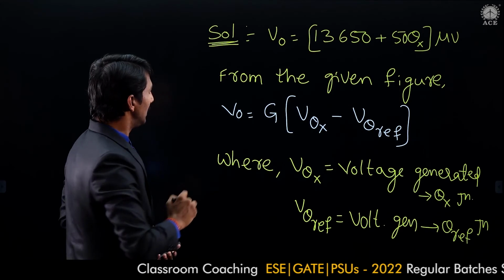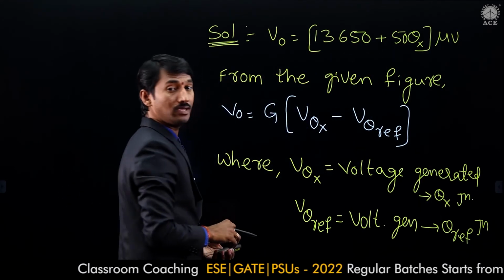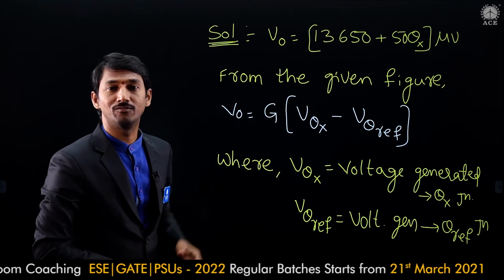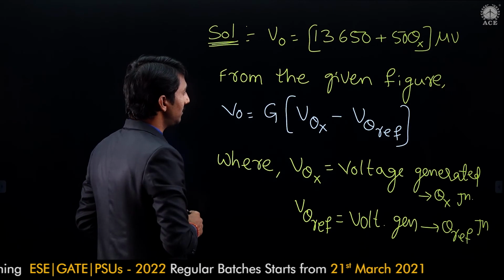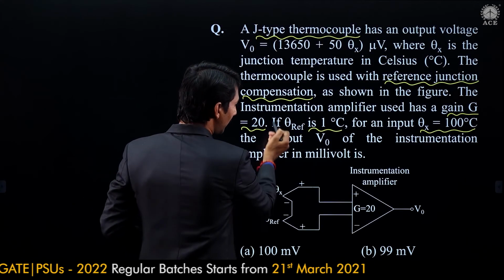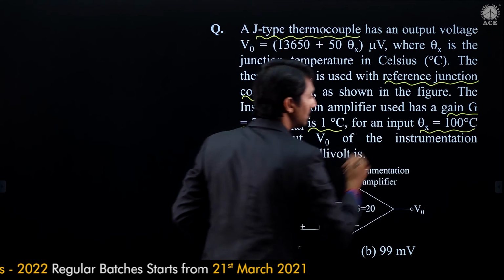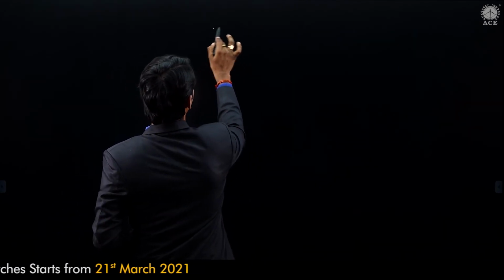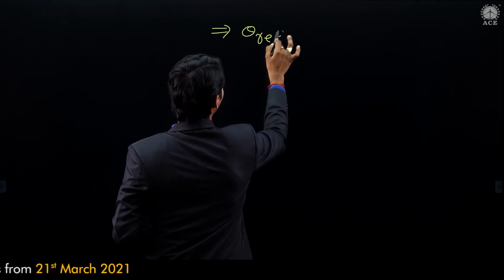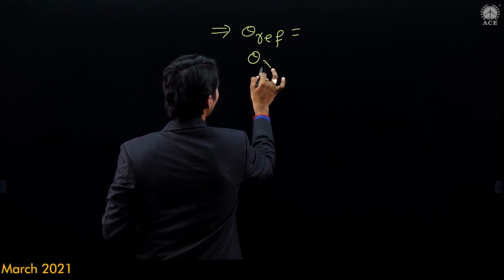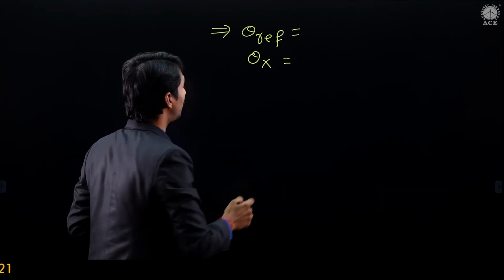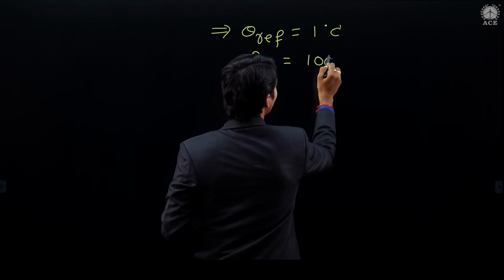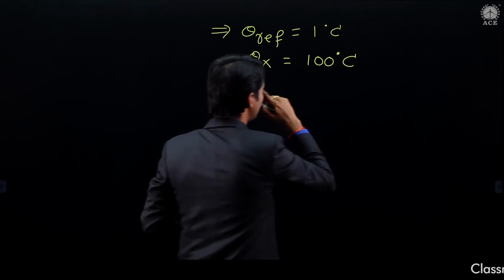Okay. Now, sir, we need to find V naught by substituting the theta x value as well as the theta reference value. If you see the question, theta reference is 1 degree Celsius and theta x is 100 degrees Celsius.